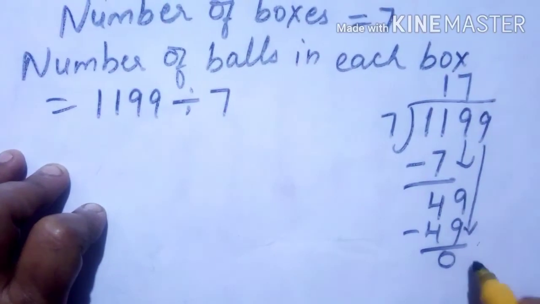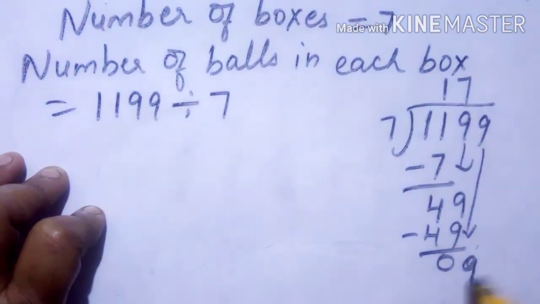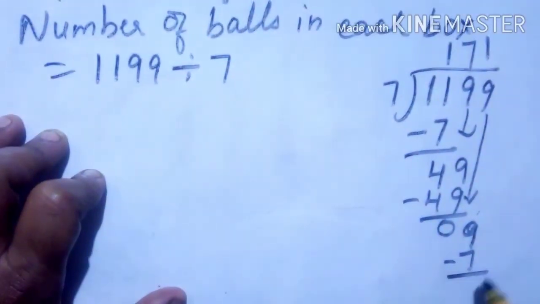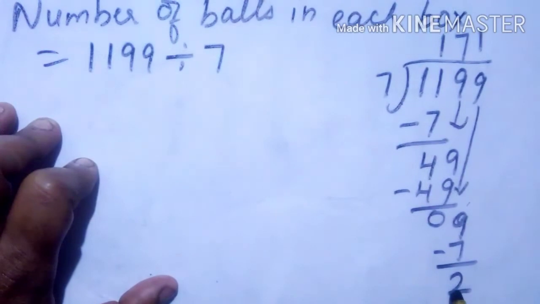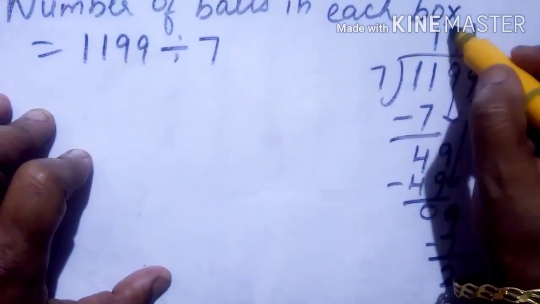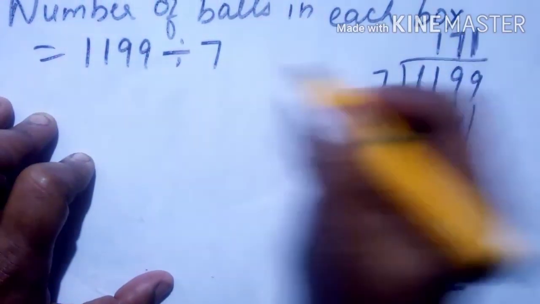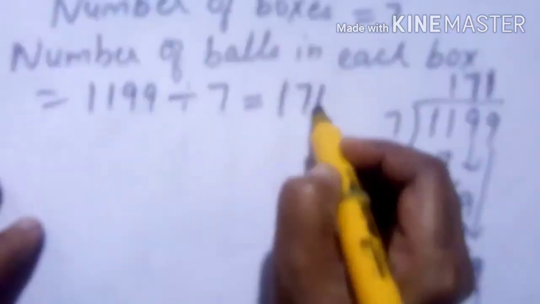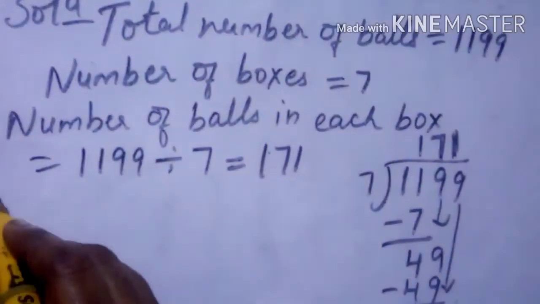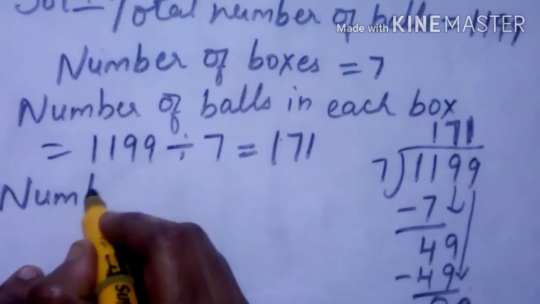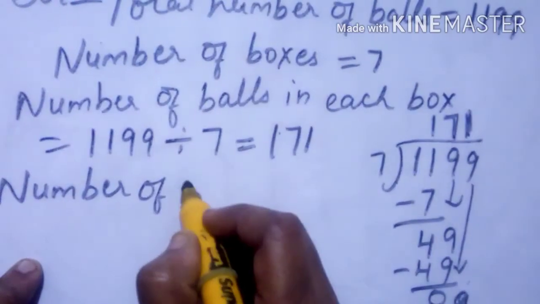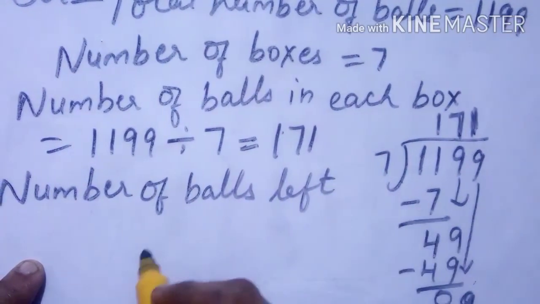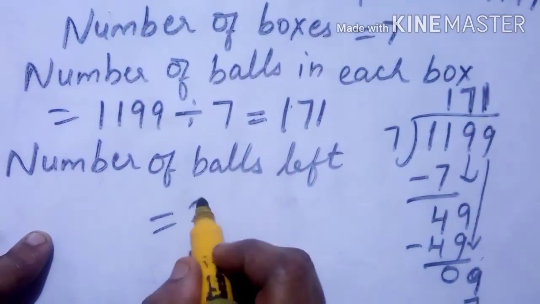Bring this 9 down. 9. 7 1 times 7, minus, is 2. So the remainder is 2 and the quotient is 171. So the number of balls in each box will be 171. The remainder is the number of balls left.